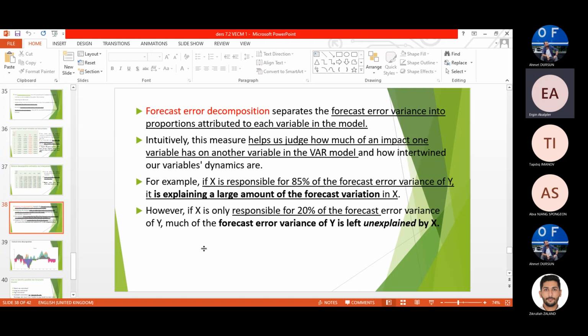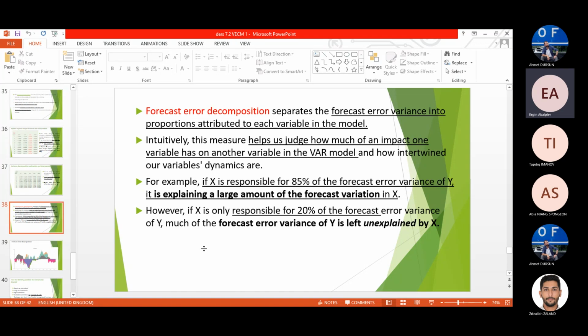For example, if X is responsible for 85% of the forecast error variance of Y, it is explaining a larger amount of the forecast variation in Y. However, if X is only responsible for 20% of the forecast error variance of Y, much of the forecast error variance of Y is left unexplained by X.